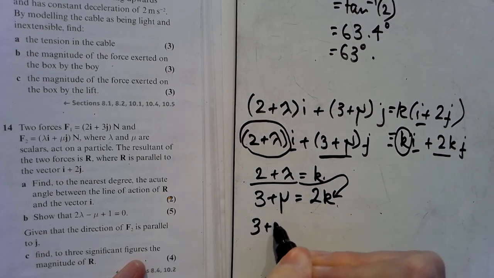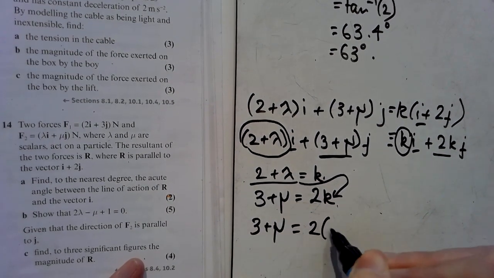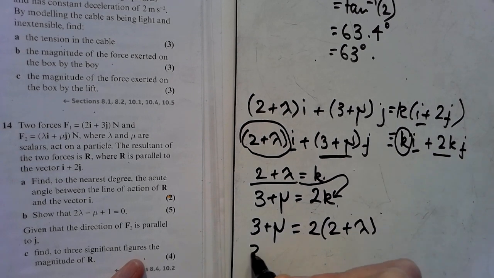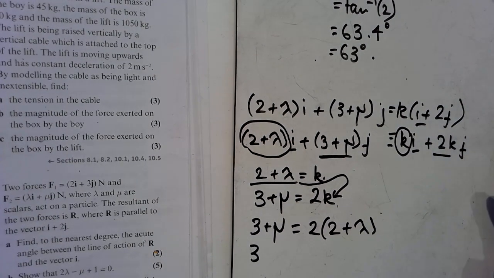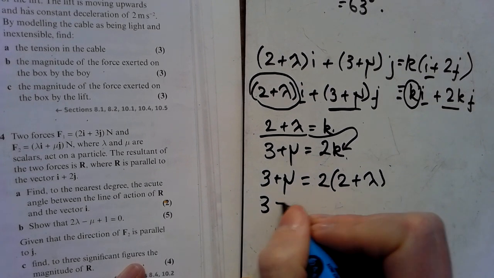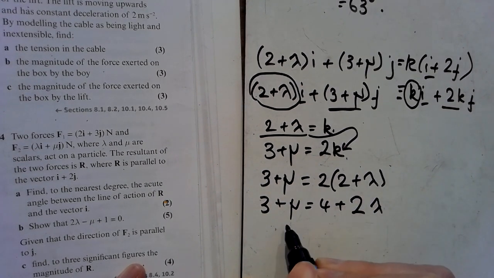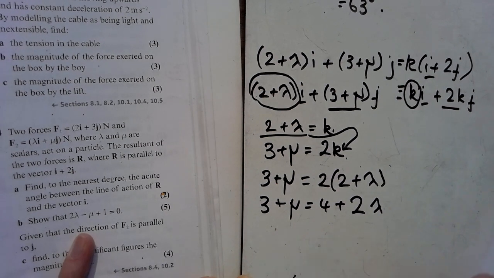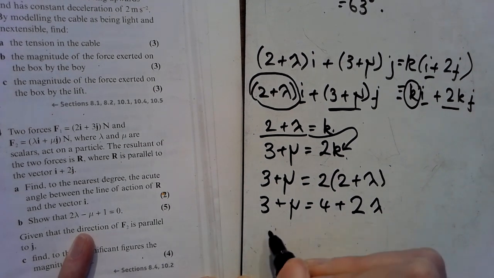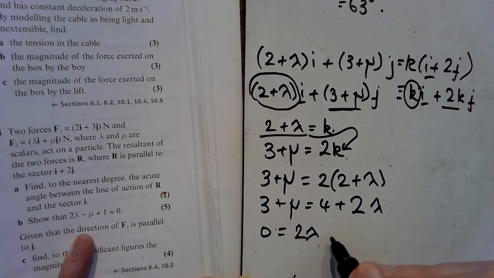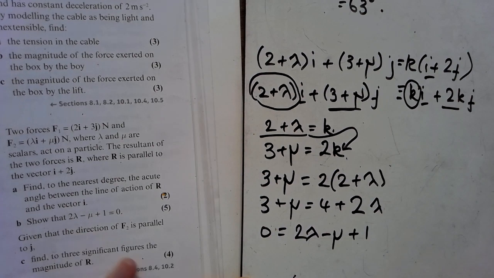So I've got 3 + μ = 2 lots of (2 + λ), multiply that out. And we're going to move it all to the right. And that's part B done.